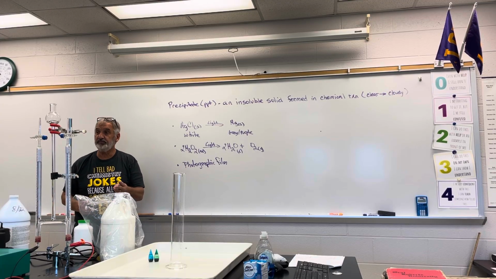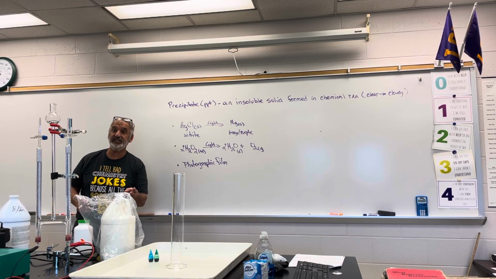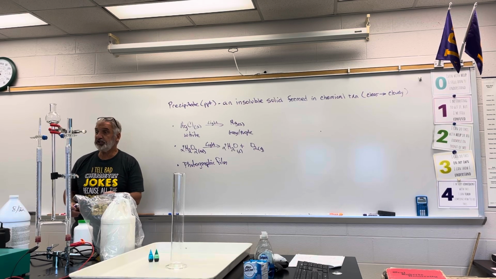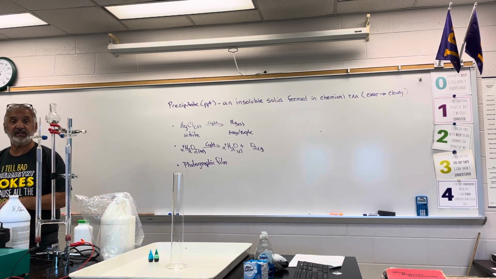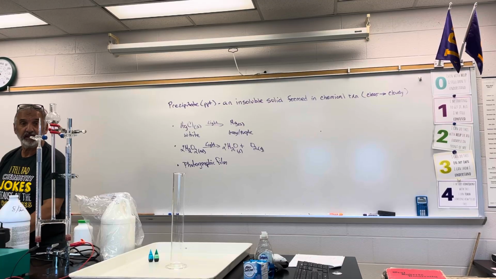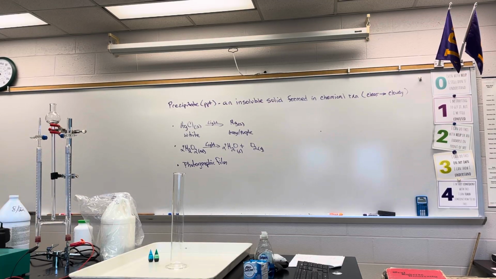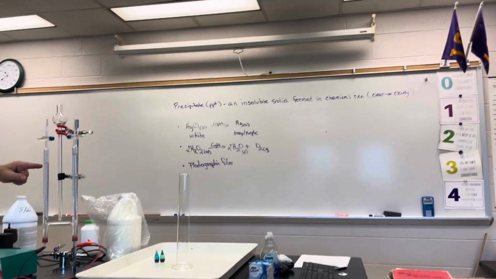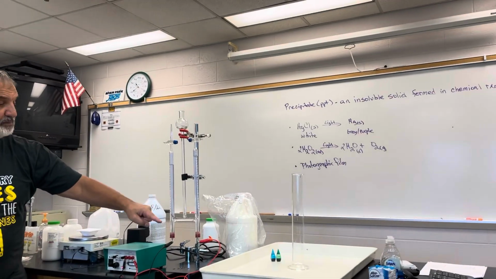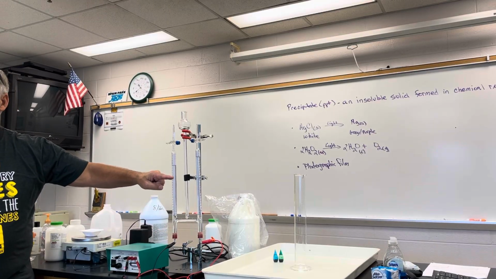A third one is electricity. And if you look in your notes, the word when you put electricity in is called electrolysis. Okay? Now, this is actually backwards because of the way I'm doing it, but, okay? Right here, I am putting electricity into water.